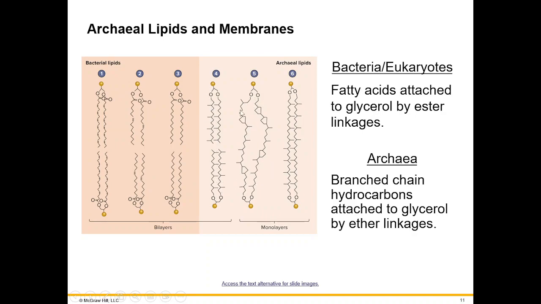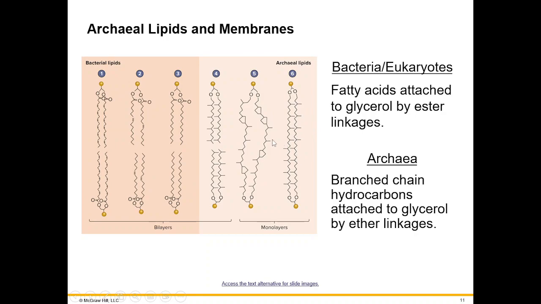You have this monolayer version. As you can see, a single molecule, but a very long 40 carbon tail that is linked on both ends to a polar group on the head. So two polar groups on the head. This is the chain with isoprene subunit derivatives.